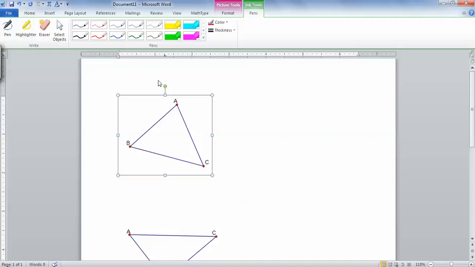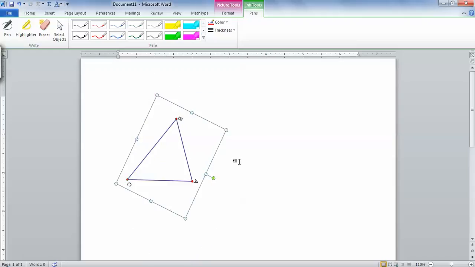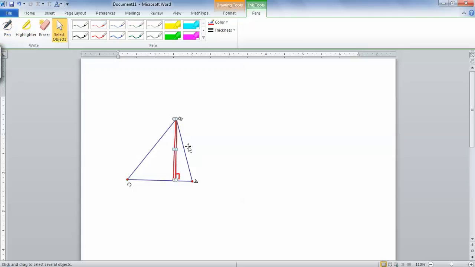If I'm doing it from B, then I think of B as the peak of my mountain and AC as the ground. So I want AC to look flat, like that. B is the peak, AC is the ground, and when I draw the altitude, I just go straight down. There it is, right there.